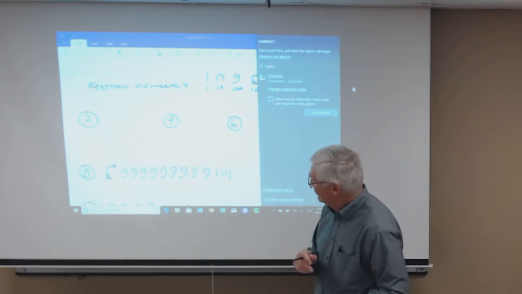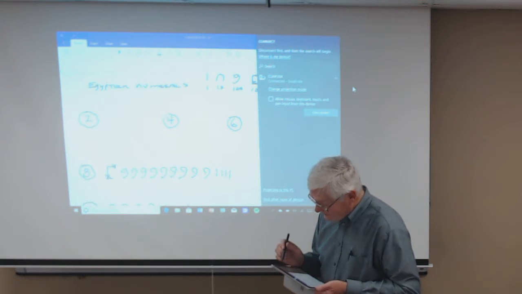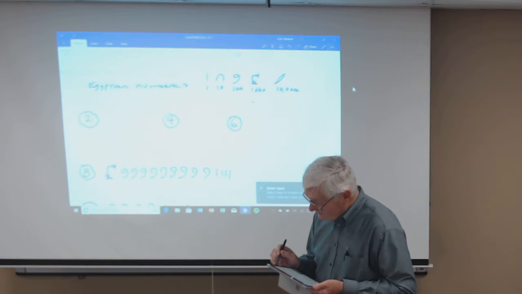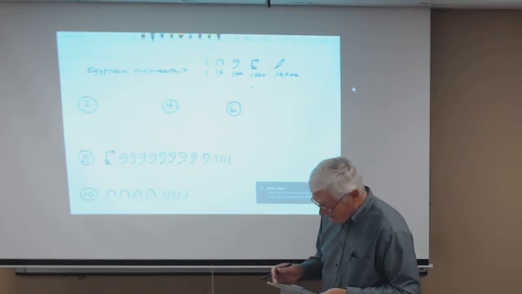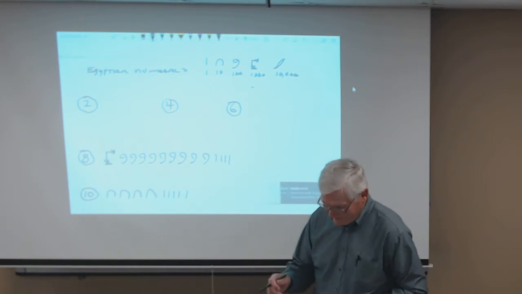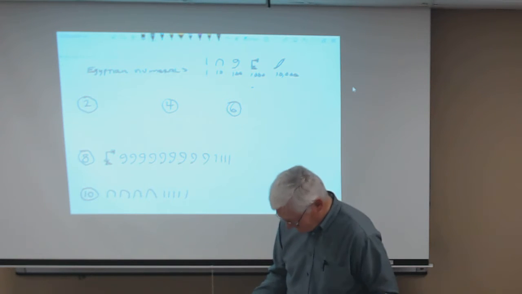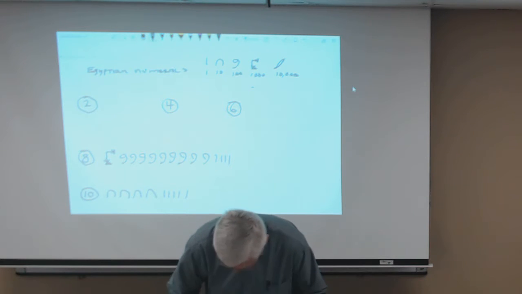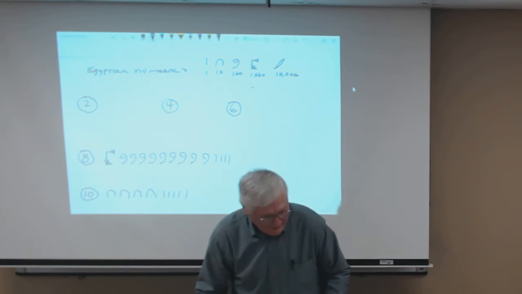I think we're about to get there. Aha, we are. And there are my little pencils up there at the top. Praise the Lord. Only need one more thing out of here. In case I start coughing, my little bottle of water.